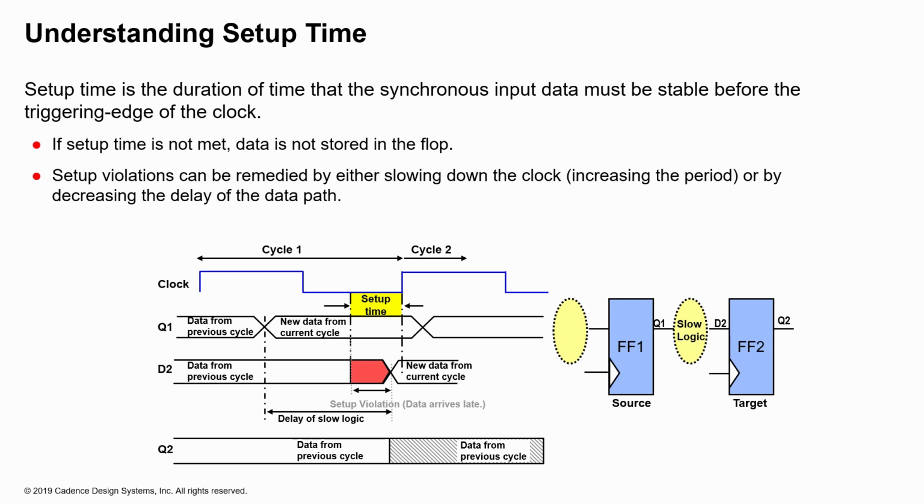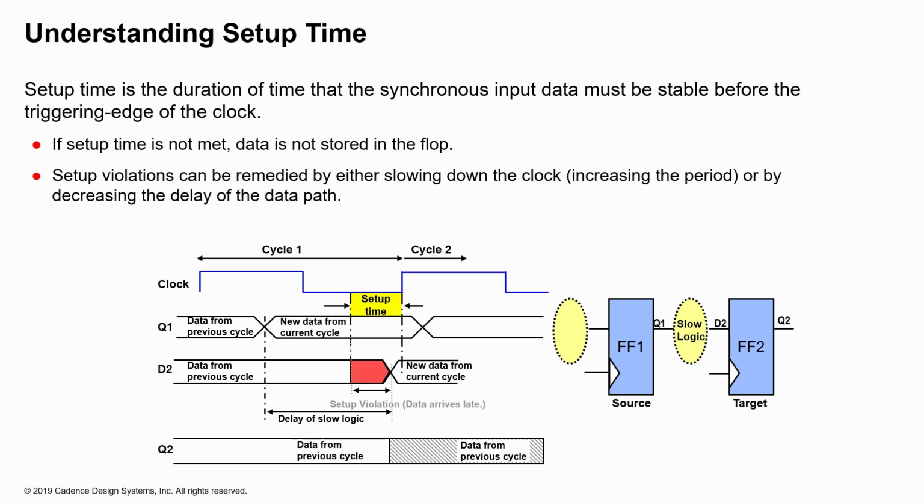If you look at the D2 signal, it is changing before cycle 2 starts, which is the clock edge where the data can be saved into flop 2. D2 is changing even before that. So because of that, the data will not be stored into flop 2.